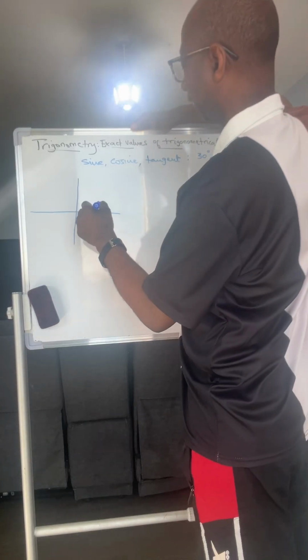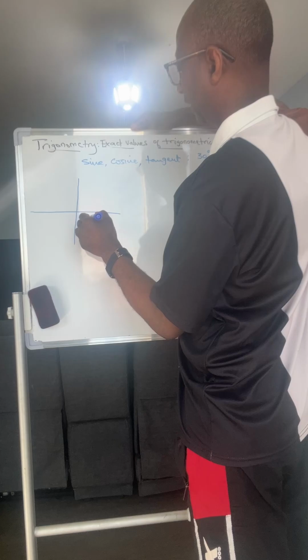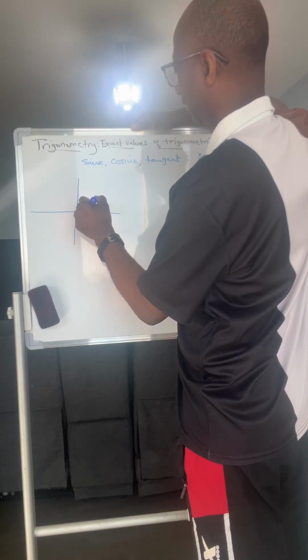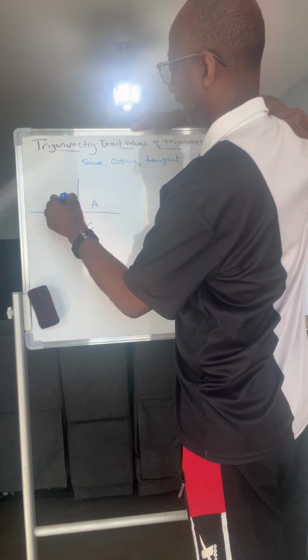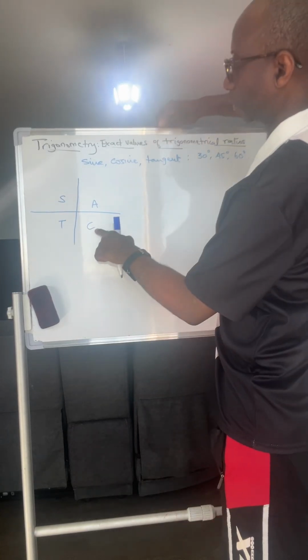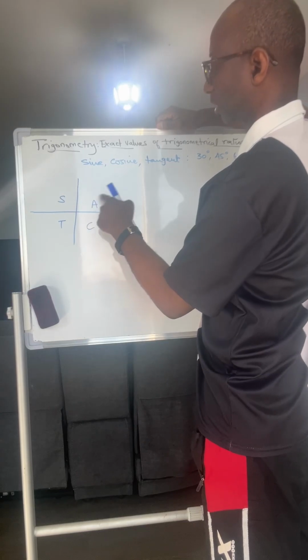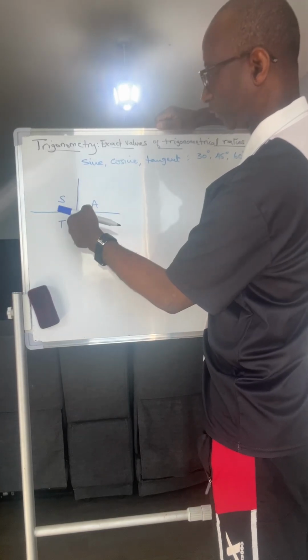We have here, we call this C, this side is A, S, T. That is the cosine, the sine, and the tangent. This is all of the trigonometric functions.